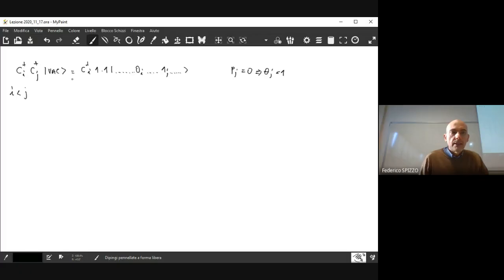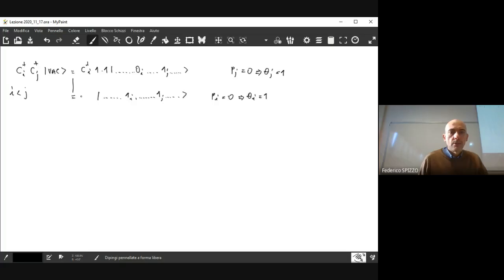When I then apply C cross i, I have occupancy of level i equal to 1, occupancy of level j equal to 1. In this case, Pi is equal to 0 because the occupancy of all the levels before i is 0. And so also in this case, the corresponding theta is equal to 1.